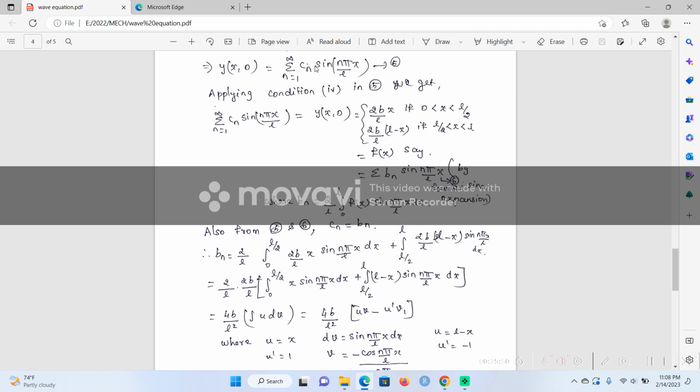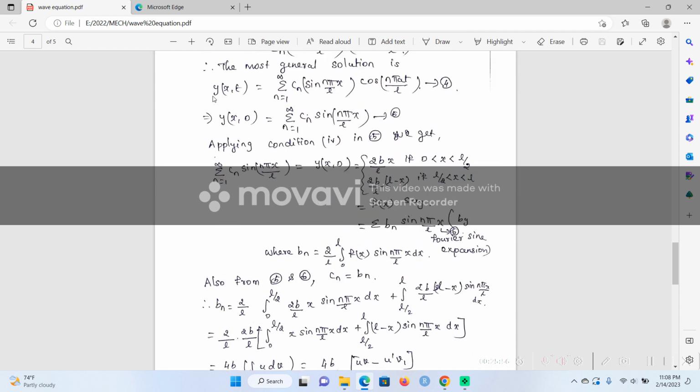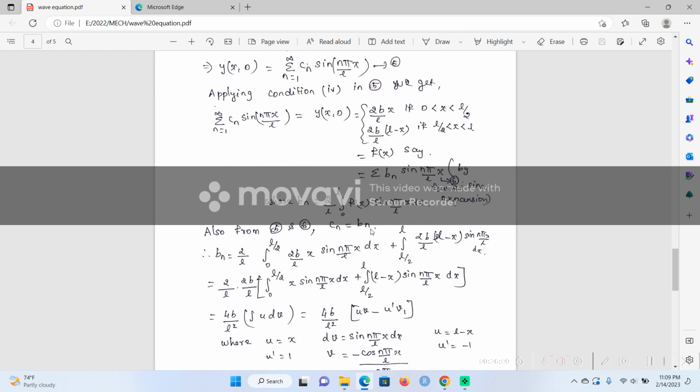If we equate, you will get that Cn is nothing but bn. To find a solution for our displacement, we need this Cn value, and that Cn is nothing but bn. So our aim is to find bn only, to find Cn.